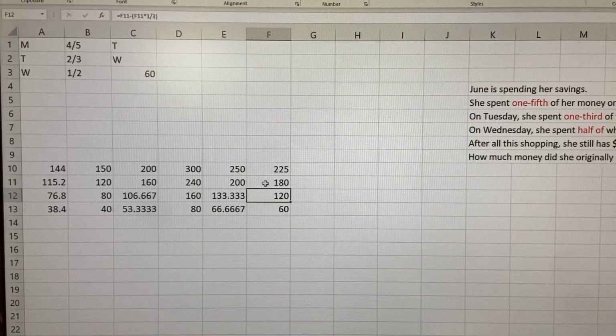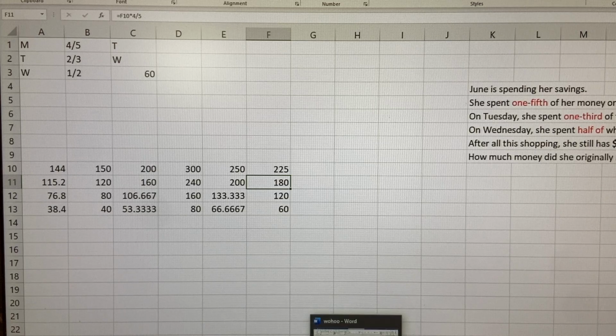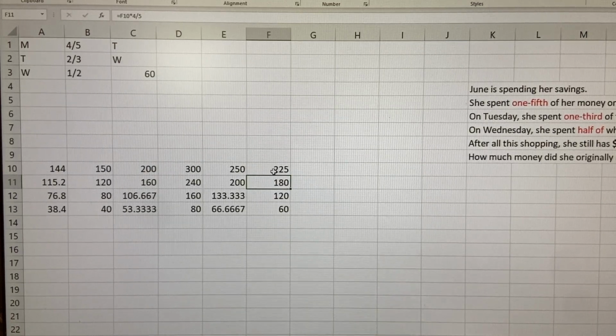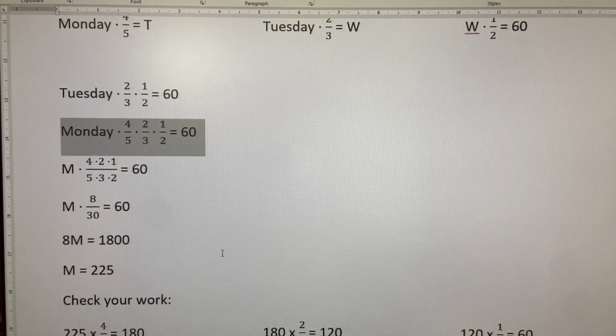Okay, so whether it's subtract and use the original fraction, or simply multiply by the remaining fraction, this works. So with guess and check, you could get 225 as well as you can get it elegantly or fast with algebra. So let's check our work, see how this 225 works.